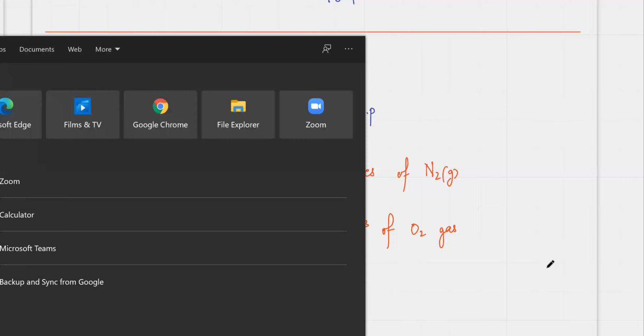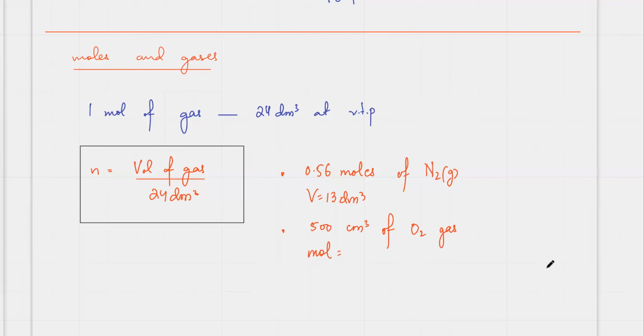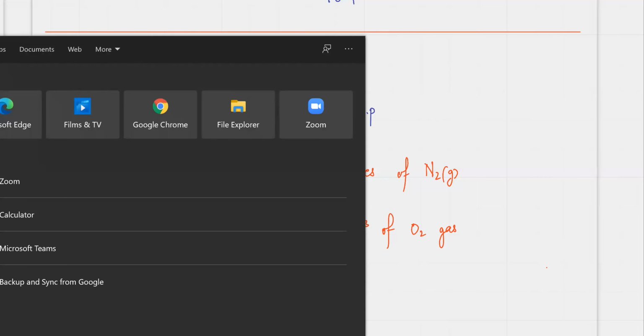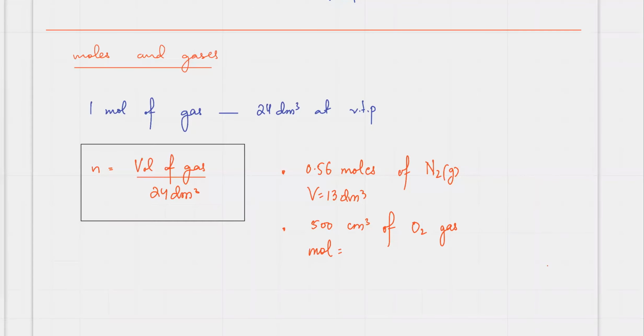I divided 500 by 1000. Even then you're not going to get 0.20. Remember, moles would be volume of gas, and 500 cm³ should be in dm³. So moles of gas is volume of gas divided by 24 dm³.